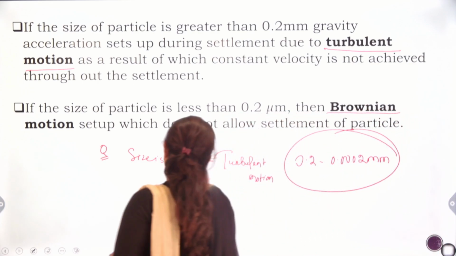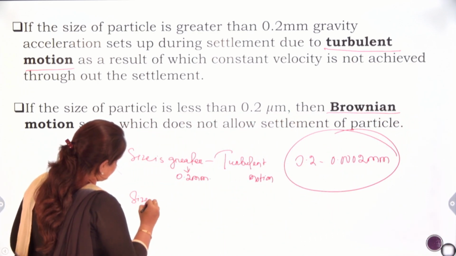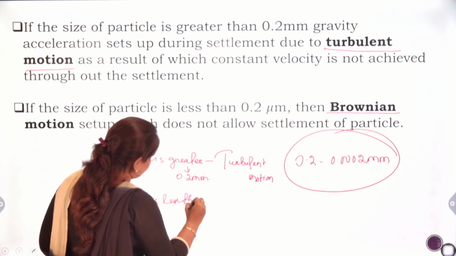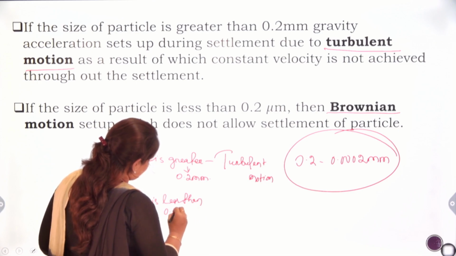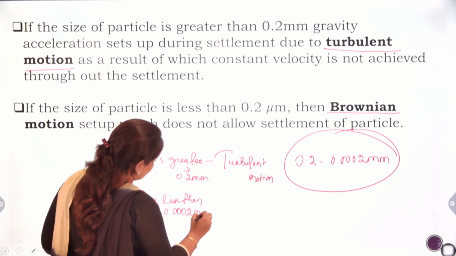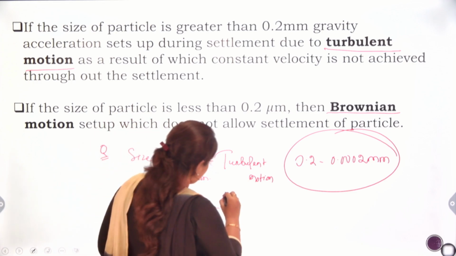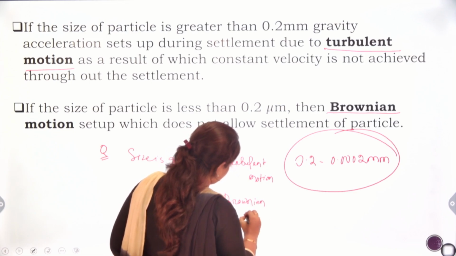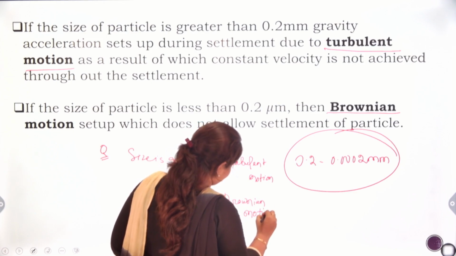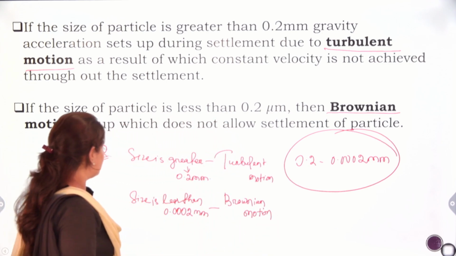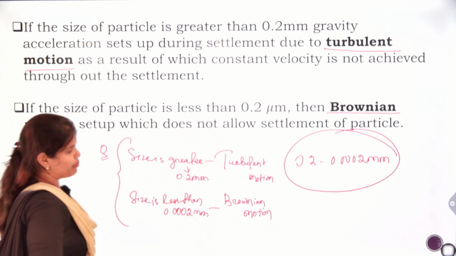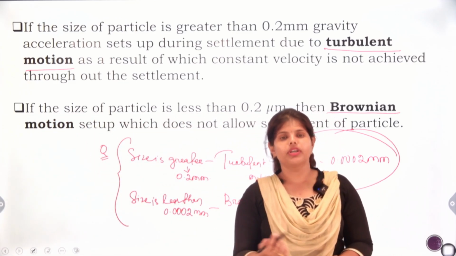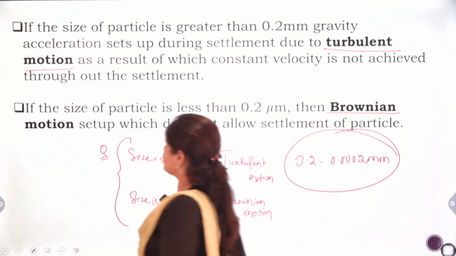So the next question is: for size less than 0.0002 mm, there will be Brownian motion. We need to remember these two terms: turbulent motion and Brownian motion.